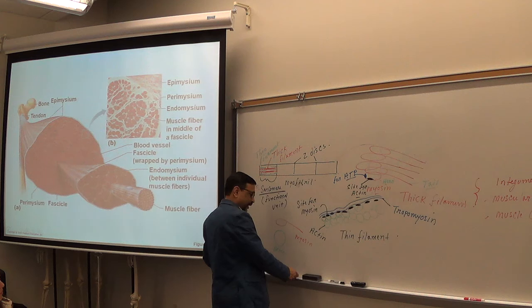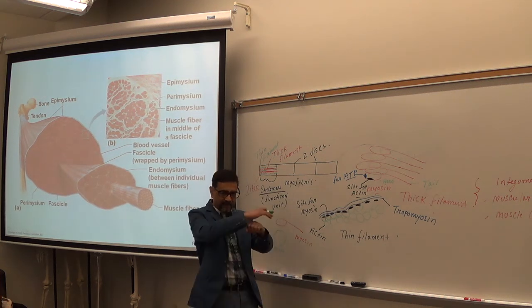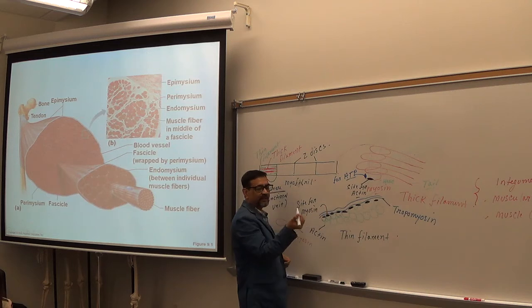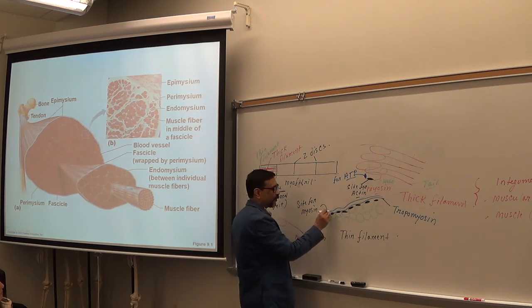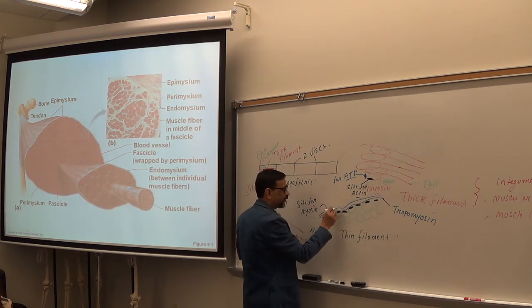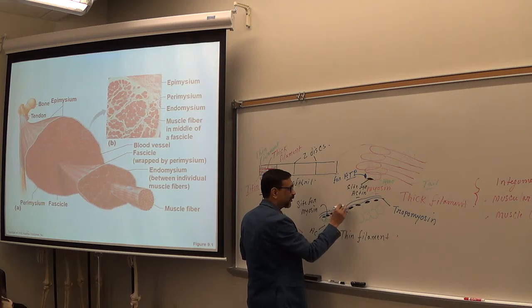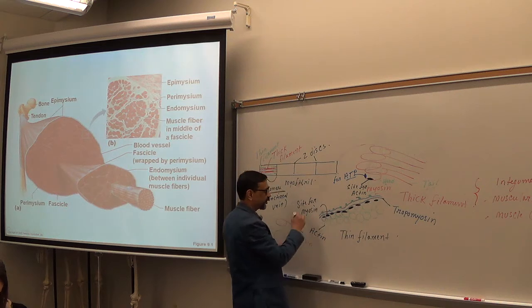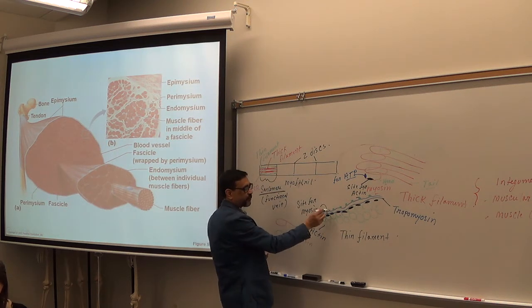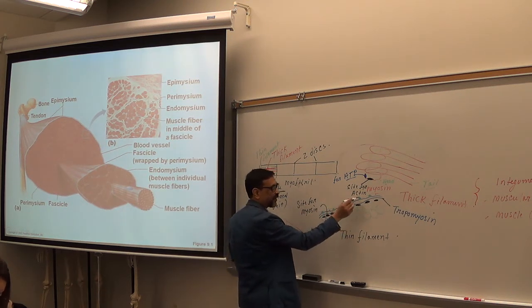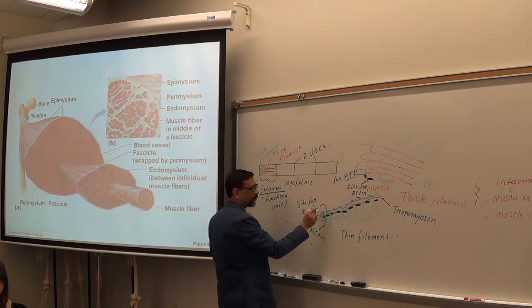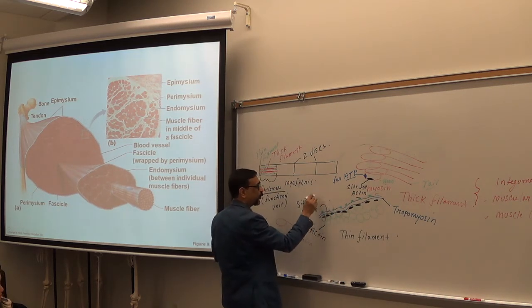Now, another thing is on tropomyosin, you have small protein structures like this. Remember, all these are protein structures. And these tiny protein structures attached to the tropomyosin, or attached on that rope, are called troponins.